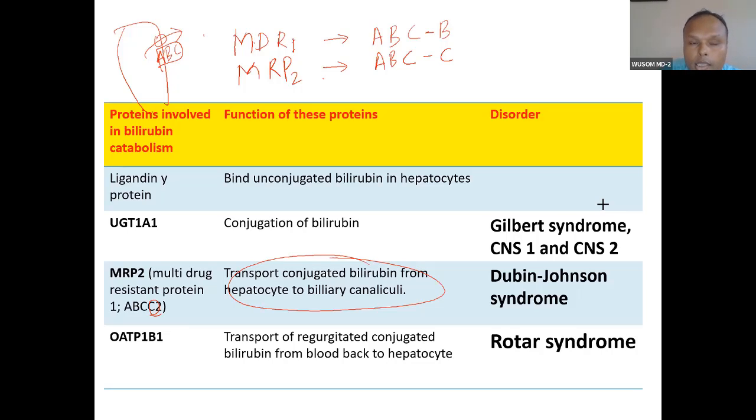Now I will tell you one more protein you have already studied. Do you know the cholesterol transport protein ABCA1? Do you remember that deficiency of this will cause a disorder called Tangier disease?